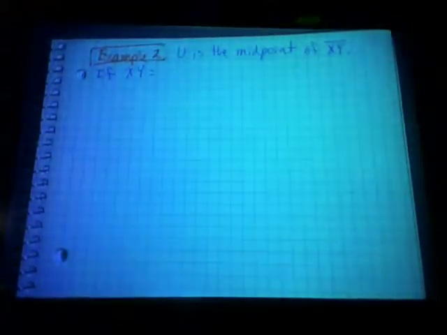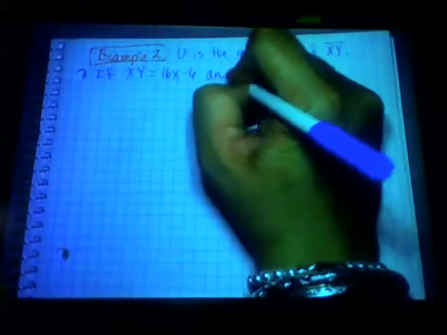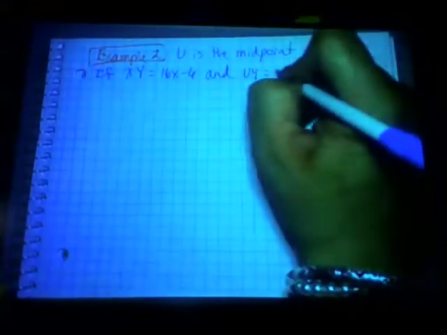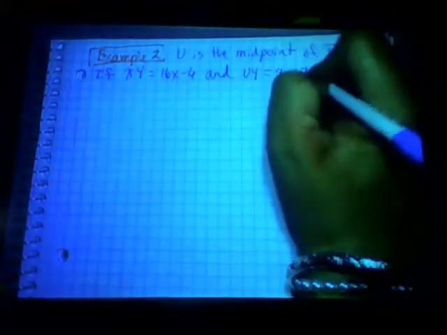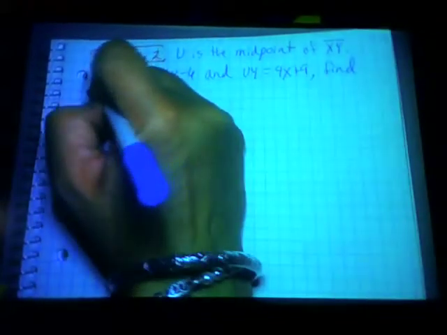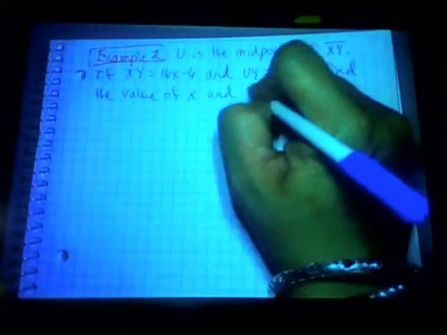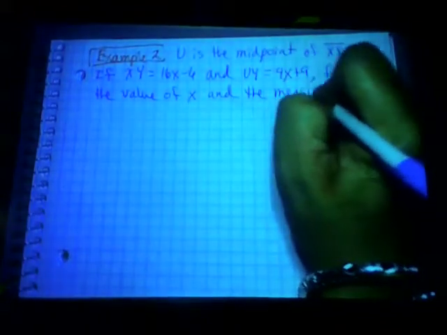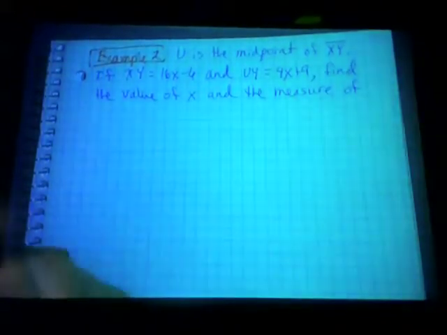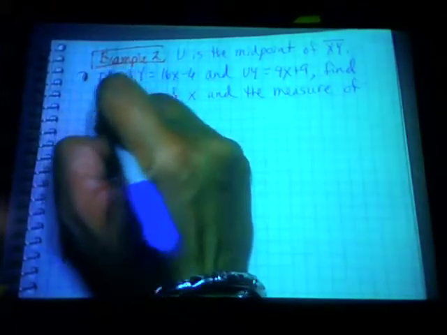The distance or the measure from X to Y is equal to 16x minus 6, and UY, again the distance from U to Y, is 4x plus 9. Find the value of x and the measure of line segment XY.